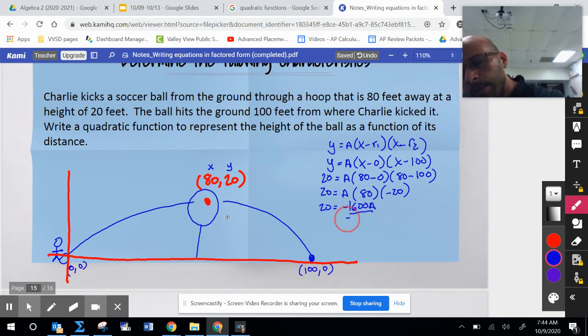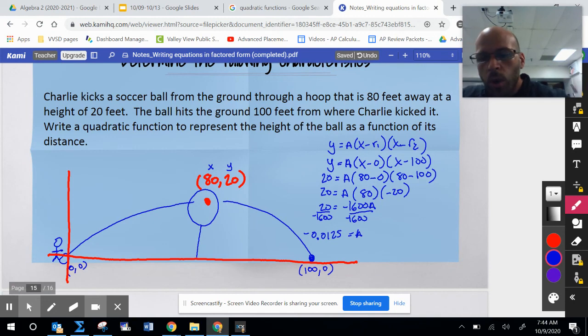And I'm going to divide by a negative 1600. So I get a to be a negative 0.0125.